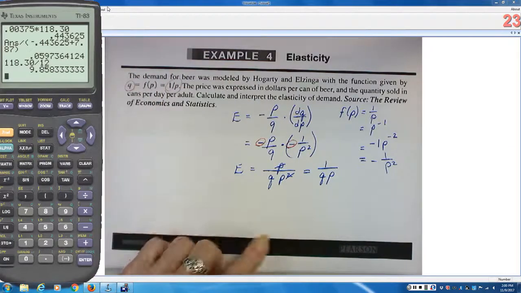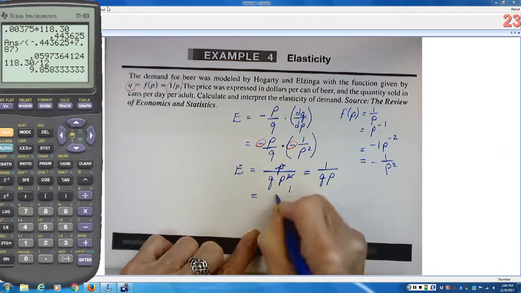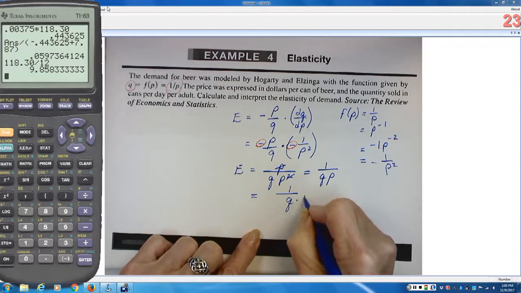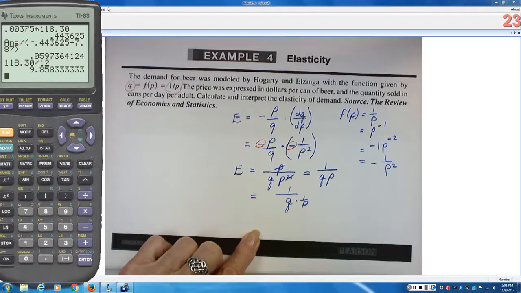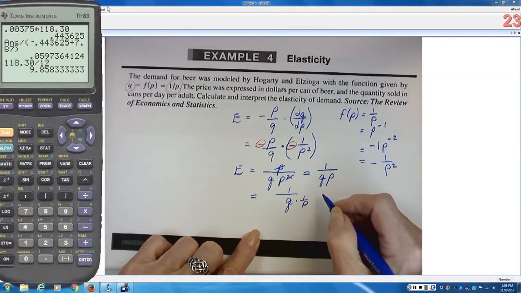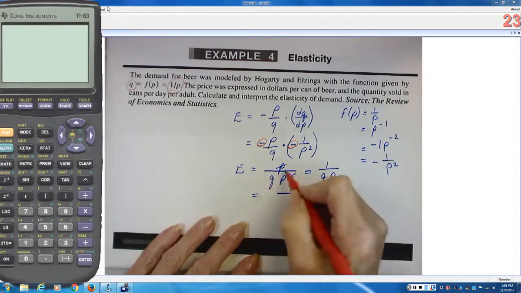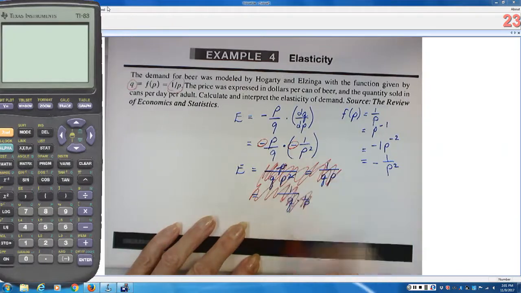One over P. Let me skip back a couple of steps. I think it'll make more sense to you if I substitute in a little bit earlier. It'll be easier to follow the arithmetic.